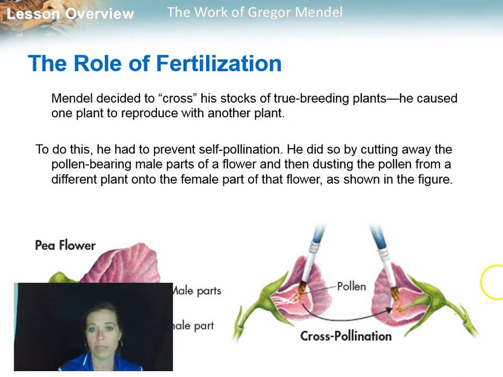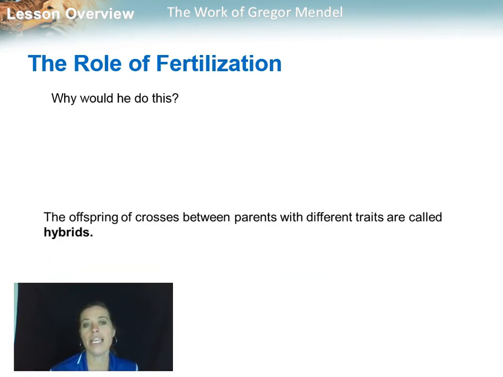So he could cross plants that had one trait with a plant that had another trait and be very specific about it. He wanted to know, if I have a plant that has yellow peas and I cross it with a plant that has green peas, what are the offspring going to look like? And he wanted to see if there was a way that he could actually predict the outcomes.